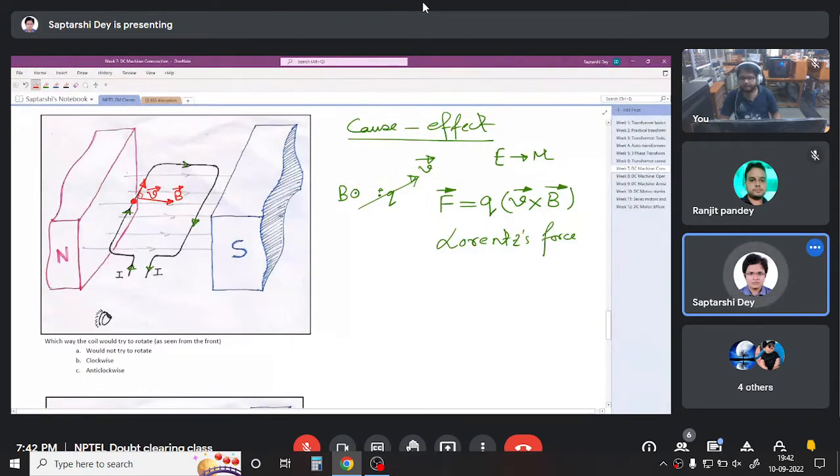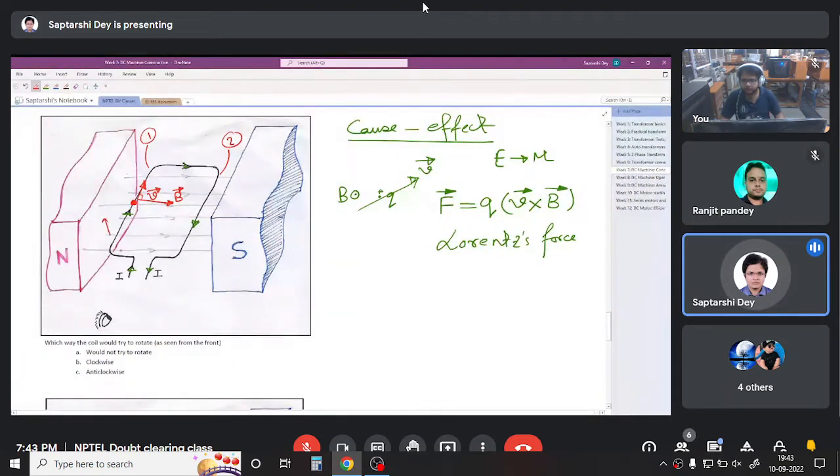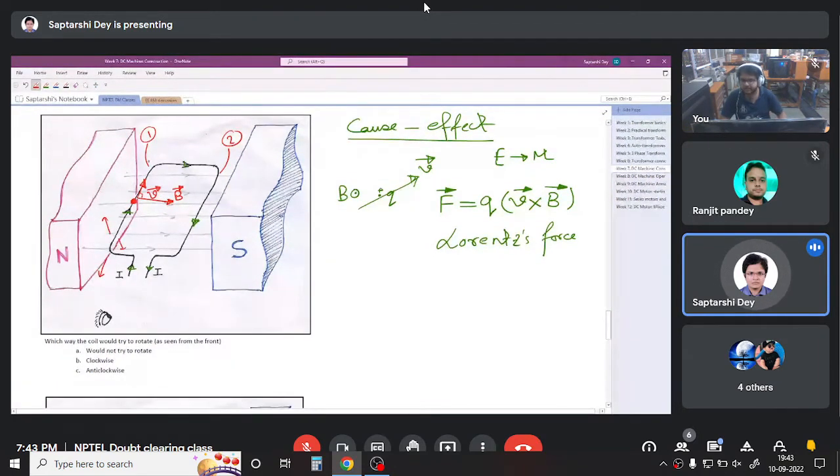Now can you tell me in which direction this side of the conductor, say side 1, and this is say side 2, will experience a force, upward or downward? It can have upward force, downward force, outward force in this direction, or in that direction.